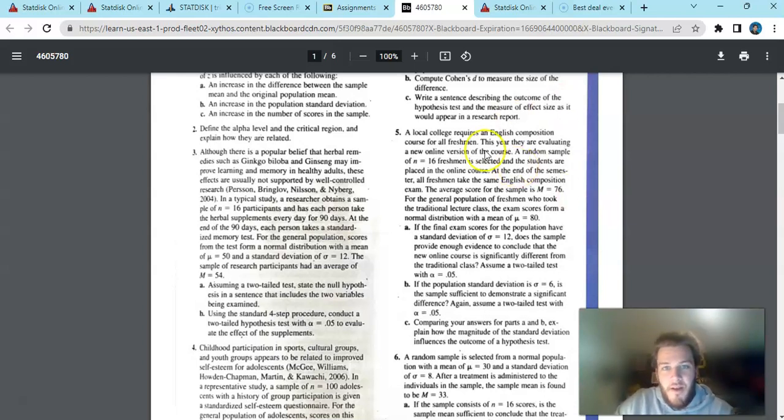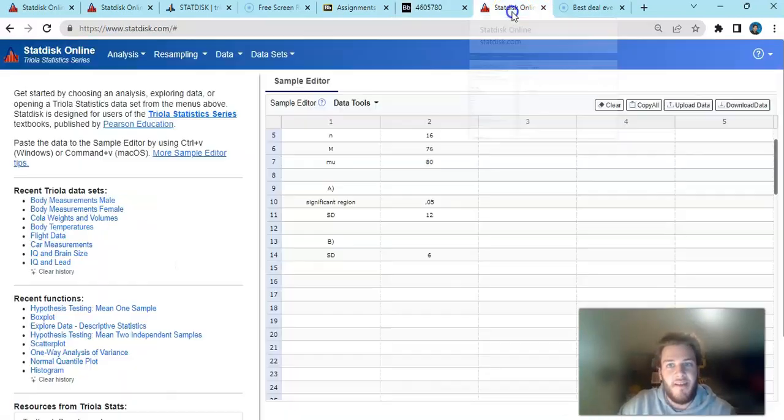All right, so from the question itself, I'll move over to StatDisk. I already have it in here just to make it easier. We get n equals 16. The M is equal to 76, and mu is equal to 80.